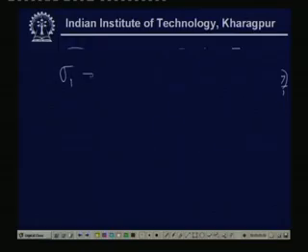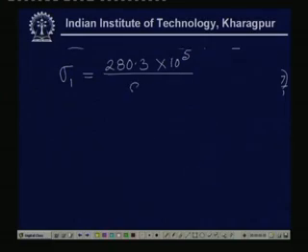I am not calculating because we have already learned how to calculate sigma 1 and sigma 2. So, sigma 1 comes out to be 280.3 into 10 to the power 5 divided by d cube, and sigma 2 comes out to be minus 8.88 into 10 to the power 5 by d cube.